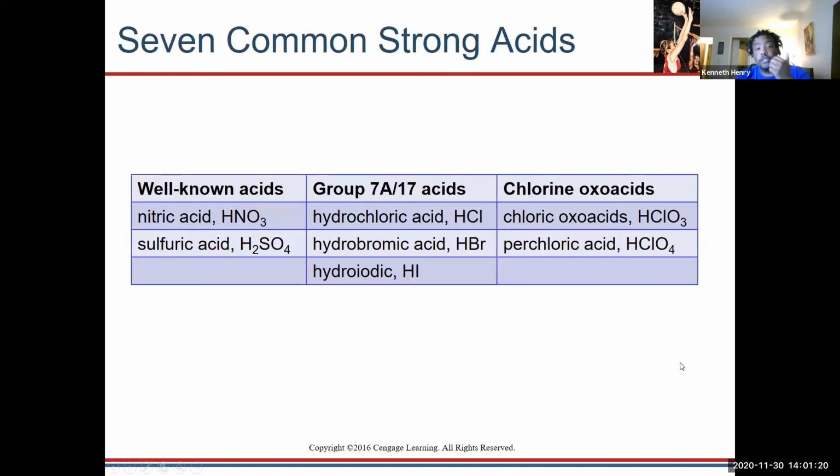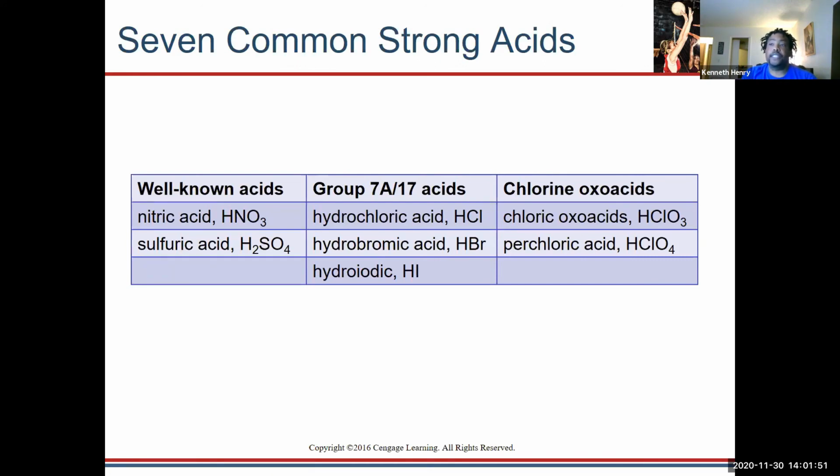Okay, so these are the 7 most commonly well-known strong acids. Nitric acid, sulfuric acid, hydrochloric acid, hydrobromic acid, hydroiodic acid, chloric acid, perchloric acid, okay? Now, as soon as you start putting OUS on it, that makes it a weak acid.